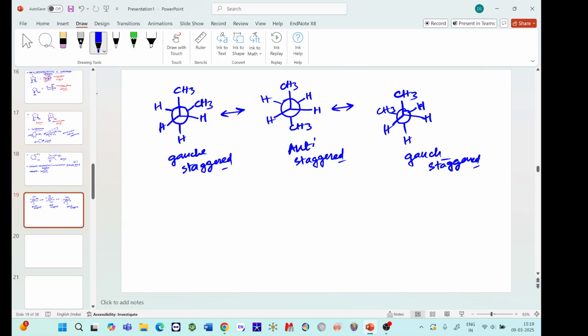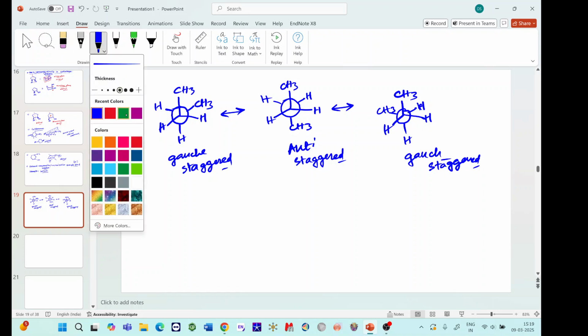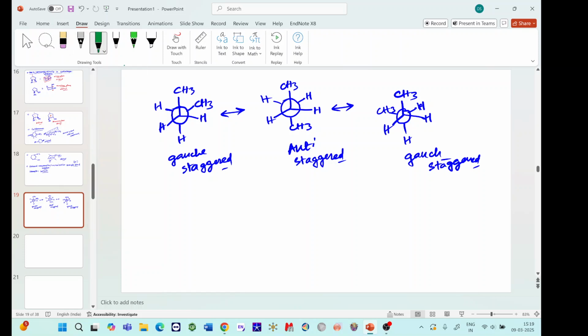Now, if you can see, these two don't have any superimposable mirror image relationship. This one. So this is called diastereoisomer. These two, same. This one and this one are diastereomers. But these two, this one and this one, it is a mirror image, right?